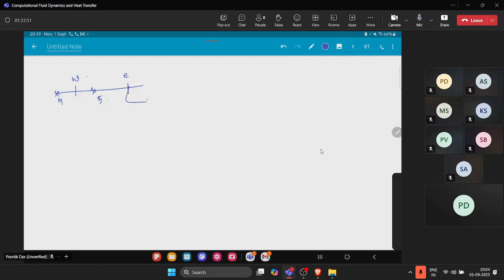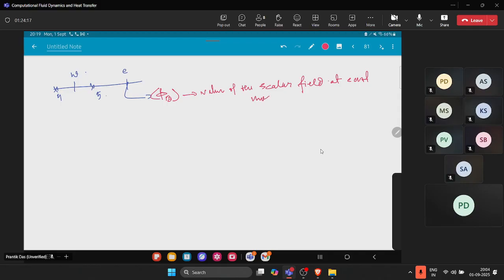So this east face corresponds to phi b, the value of the scalar field at the eastmost cell center, sorry, at the eastern part of the rod here.